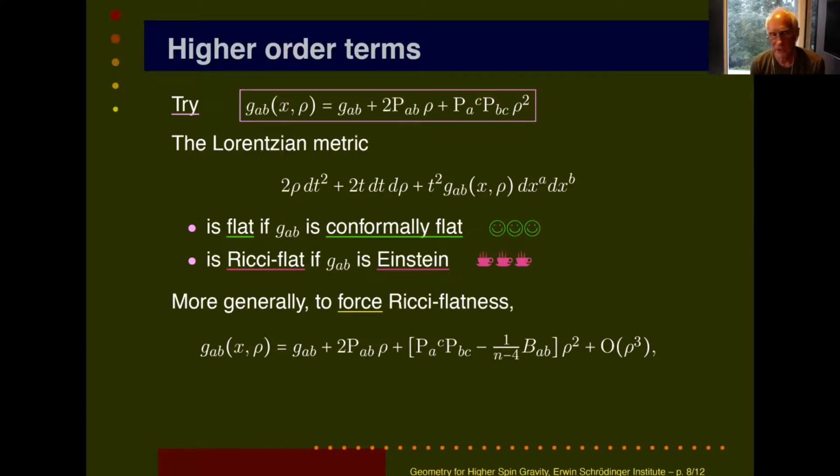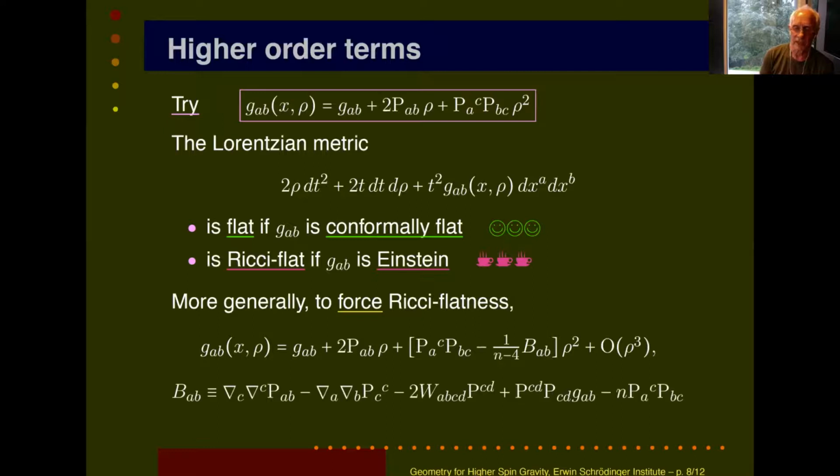This factor, which I've called B_AB, is a new tensor, symmetric and divergence free. The key thing to notice here is that this works if n is not equal to 4. If n is equal to 4, there's nothing you can put here at second order which forces Ricci flatness in general. But if n is not equal to 4, you can do it by means of a particular tensor.